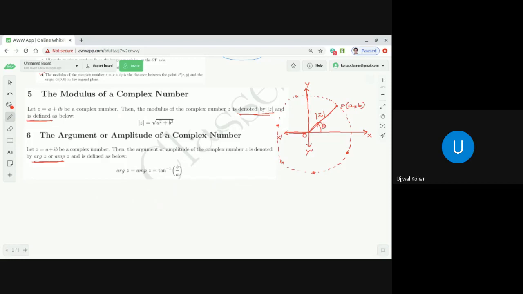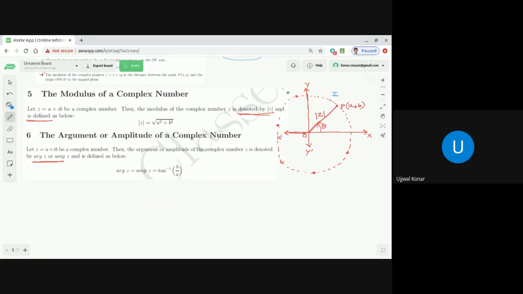Now the point is the tan inverse of b by a, but there is a small catch here. Amplitude or argument is not always exactly equal to tan inverse of b by a. Rather, it depends on the quadrant in which the complex number is represented by a point. As you know, dear students, the entire coordinate system can be broken into 4 quadrants.